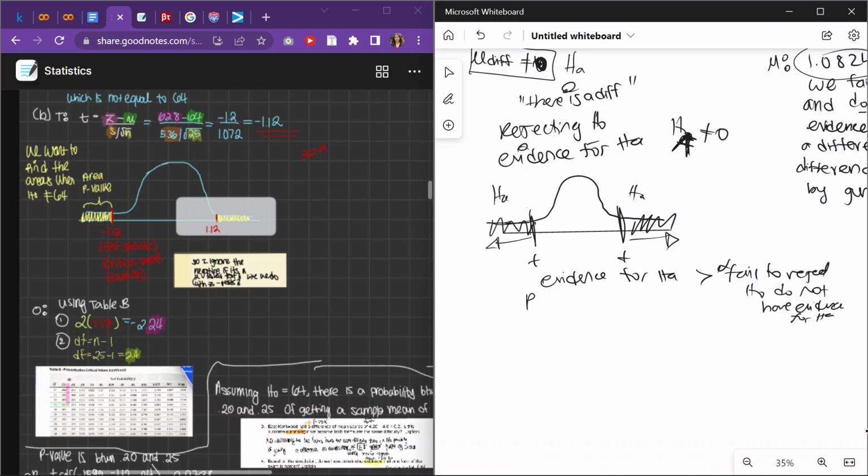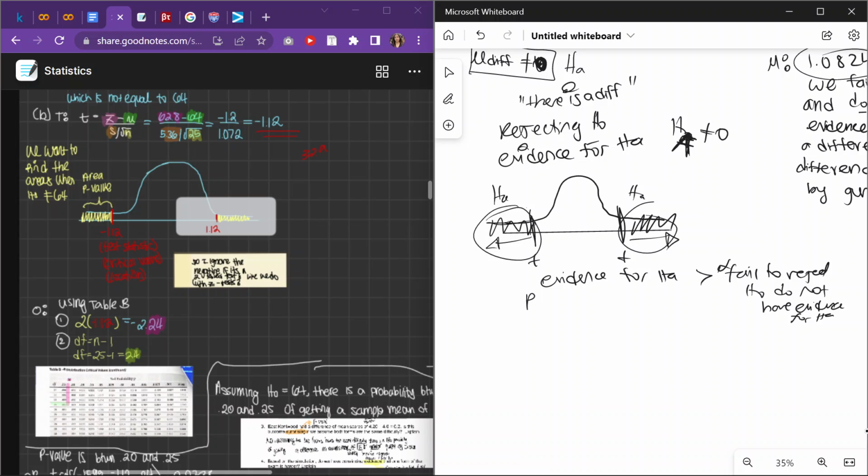I forgot. Okay. Right, so evidence for HA, if that's greater than the significance level, so if it's not statistically significant, all of this evidence, if it's greater than the alpha level, then we fail to reject. So it's like useless.